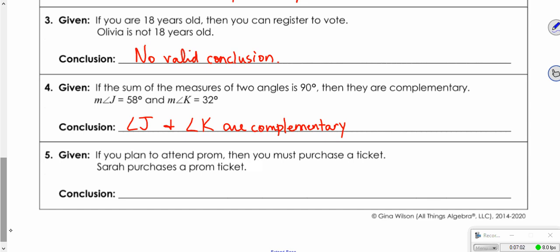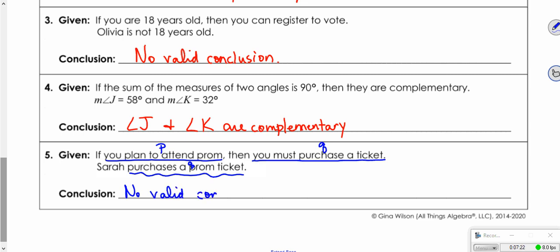In this case, you plan to attend prom, that's your P, your hypothesis. You must purchase a ticket, that's your Q, your conclusion. So purchasing a prom ticket here is actually the Q. This is no valid conclusion. It does not fit the formula, if you will. We don't have anything that says if Q is true, then we can do the converse and P is true.